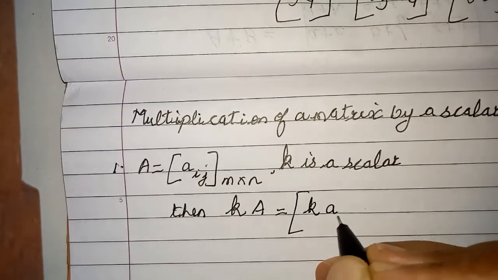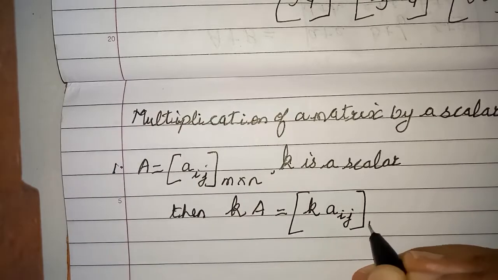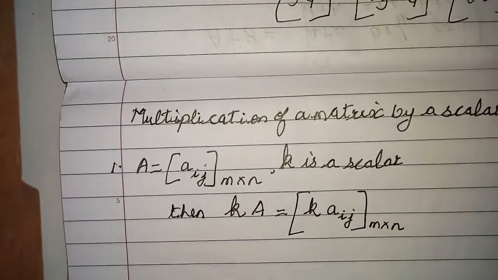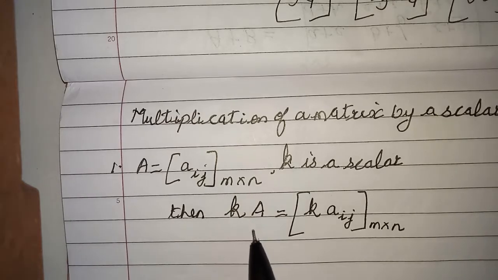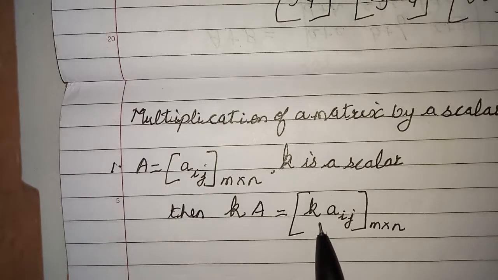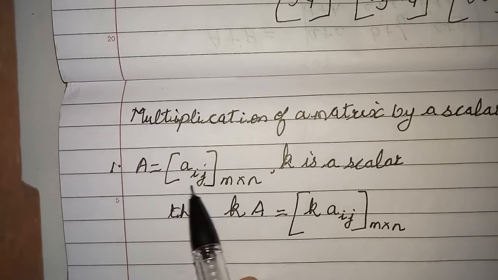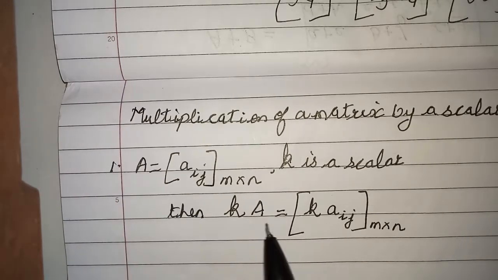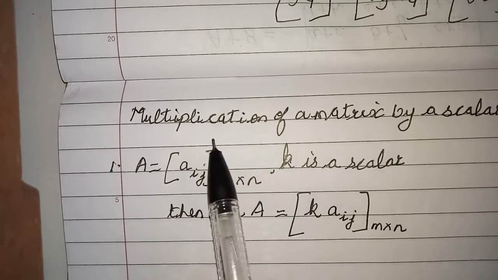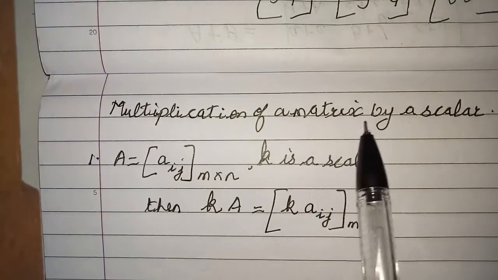All the entries inside the matrix will be multiplied by k. Is that clear? So kA is the matrix of order M cross N obtained by multiplying each element of the original matrix A by k. So this is called multiplication of a matrix by a scalar.